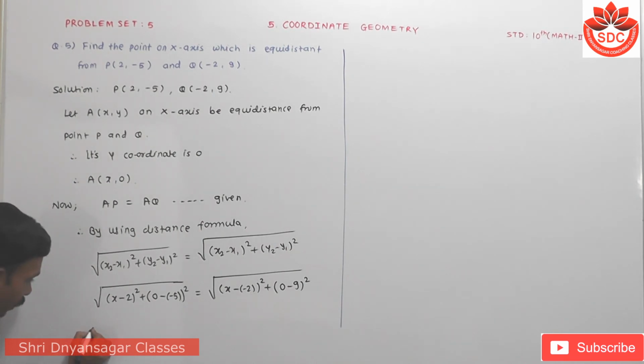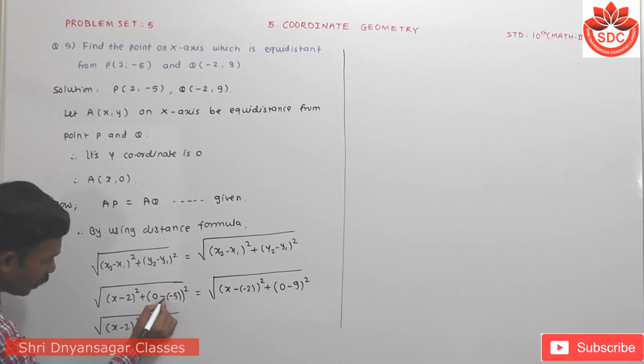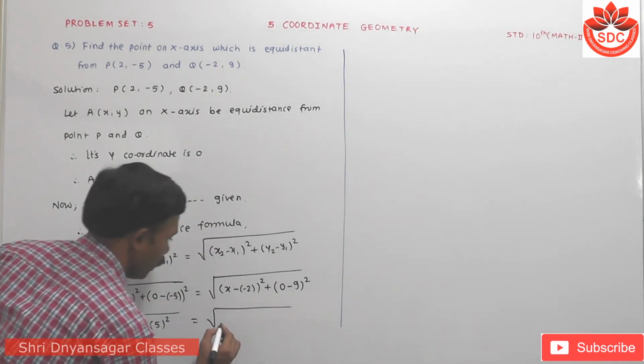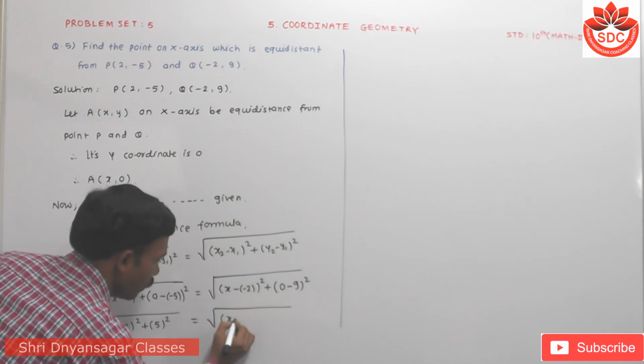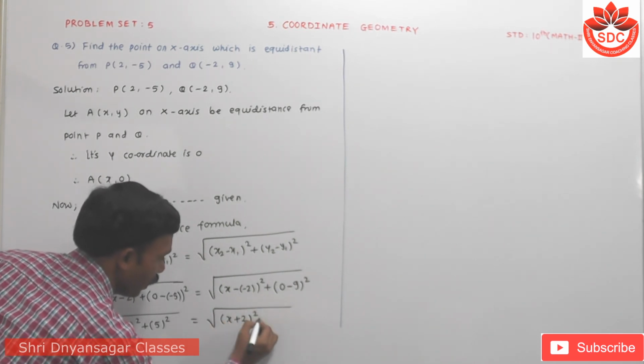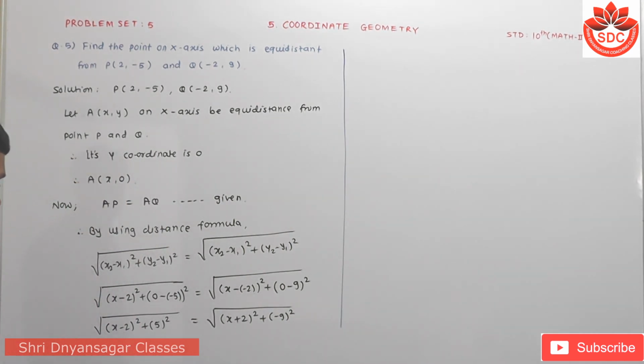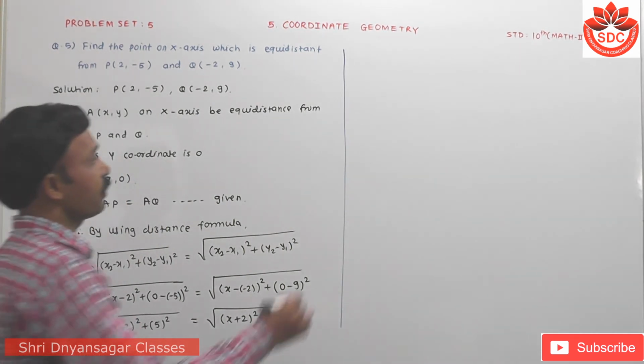Then student, I have to take one step here again. This is x minus 2 bracket square plus 0 minus minus 5, plus 5 bracket square is equal to here also this is x minus minus, plus 2 bracket square and this is plus minus 9 bracket square.